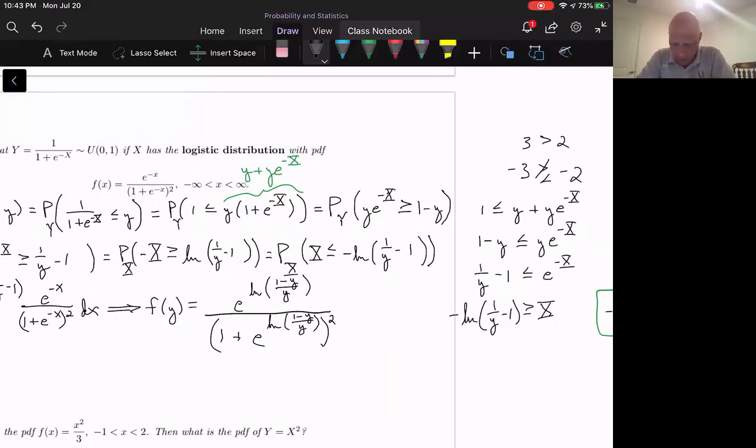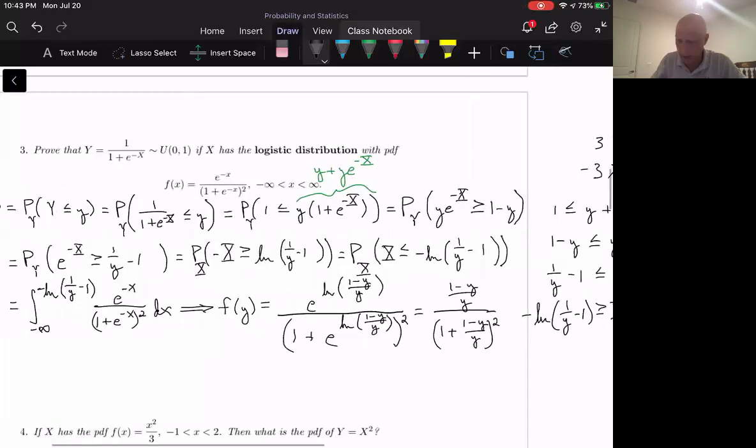And so we could simplify these exponential terms. On top, we have 1 minus y over y. On bottom, we have 1 plus 1 minus y over y, and that quantity is squared. And that 1 minus y over y, remember, is 1 over y minus 1, so the 1's are going to cancel out on bottom.